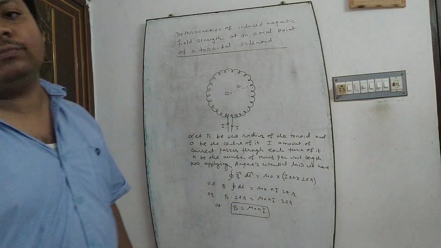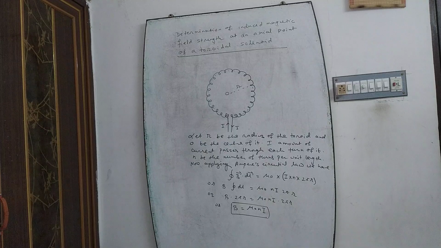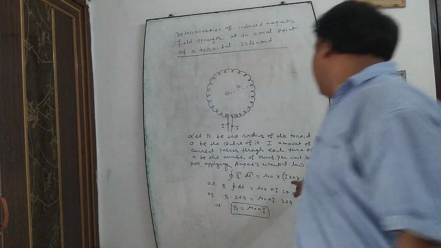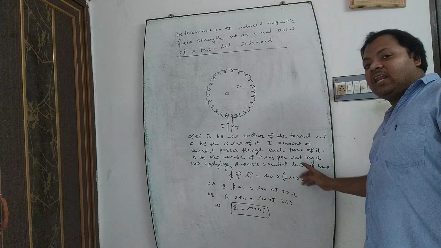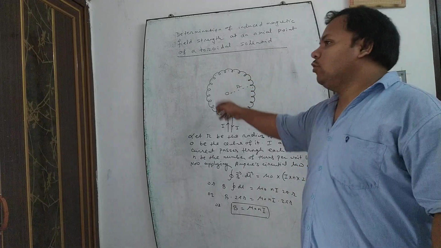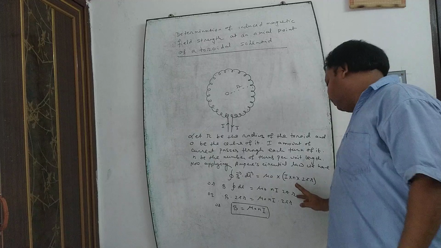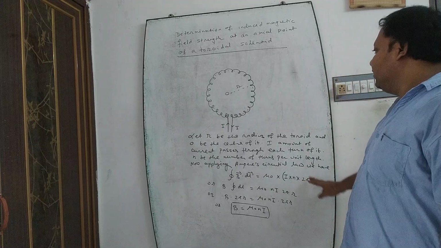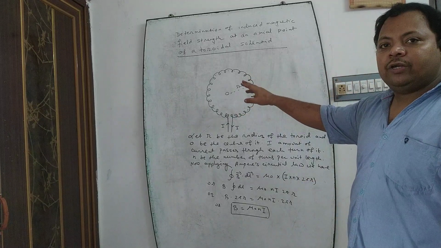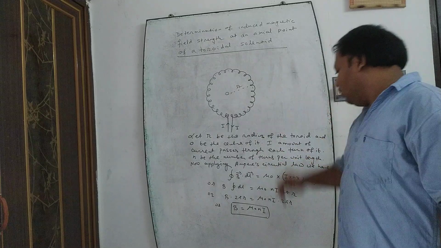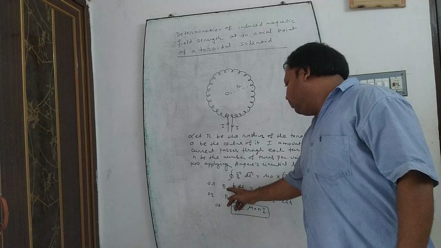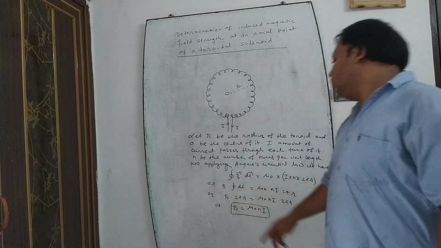Therefore, I into n into 2 pi r is the total current passing through this toroid. That 2 pi r is the circumference of the toroid and n is the number of turns per unit length. This gives B into closed integration of dl.